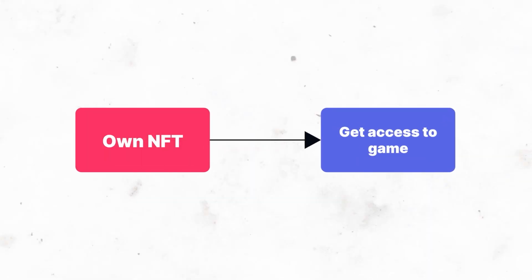For instance, imagine that you own an NFT that gives you access to a game. You are going to play that game for hours, and that's the value you are getting out of that NFT. It is easier to assign a value in that case. If the NFT represents a music file, then you can listen to the music for hours and days and weeks, and that's how you can associate a value to the NFT.